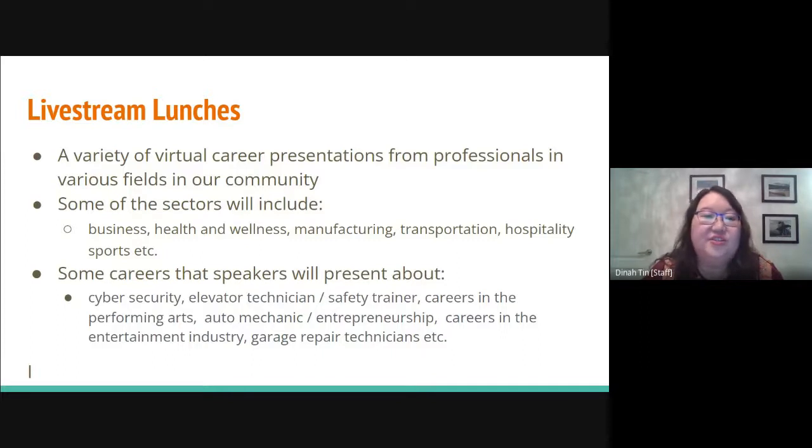Some of the sectors that the speakers will be talking about include business, health and wellness, manufacturing, transportation, hospitality, sports, etc. Specific careers that speakers will present about include cybersecurity, elevator technician, careers in the performing arts, auto mechanic and entrepreneurship, careers in entertainment, and garage repair technicians, and many more.